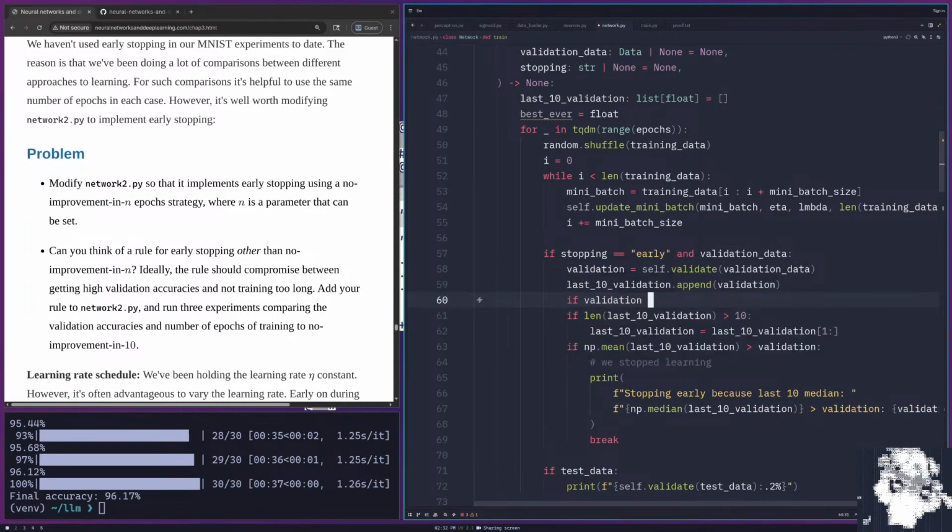If validation is greater than best ever, or just best ever equals max of best ever and validation. It doesn't equal float. It is a float. It's equal to 0.